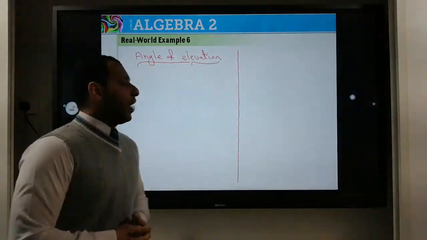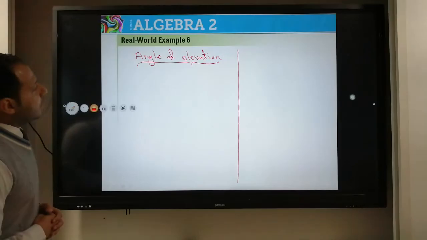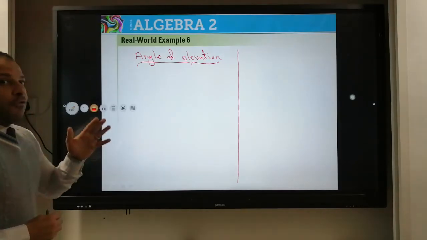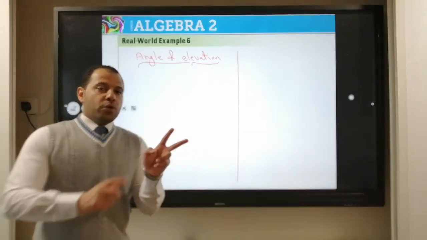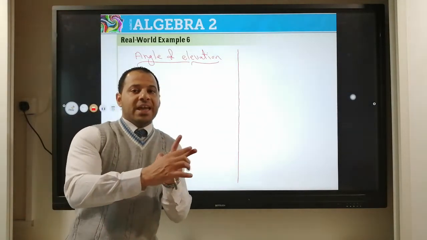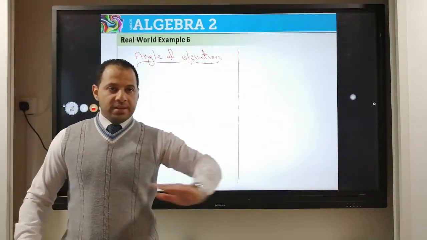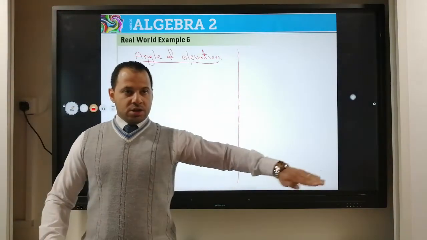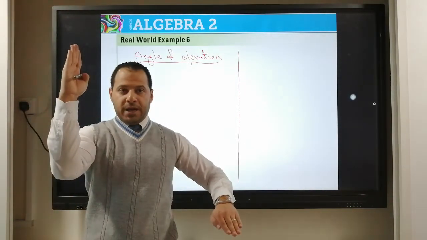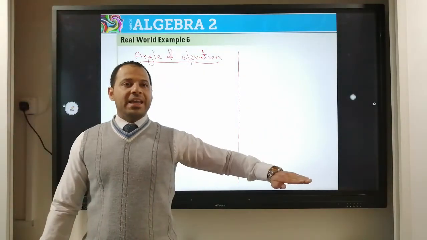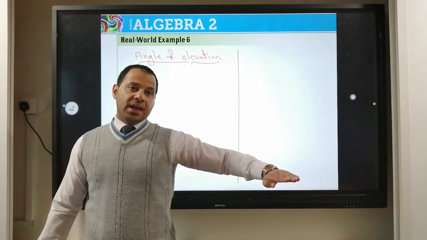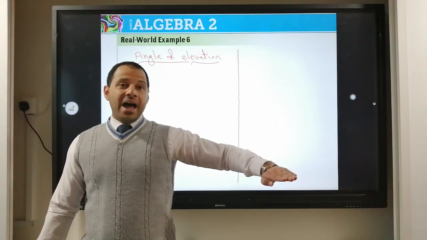So we must have two rays to find the angle. The angle of elevation is formed by the first ray, or the first side of the angle, representing the horizontal plane. As you know, this is the horizontal plane and this is the vertical plane.